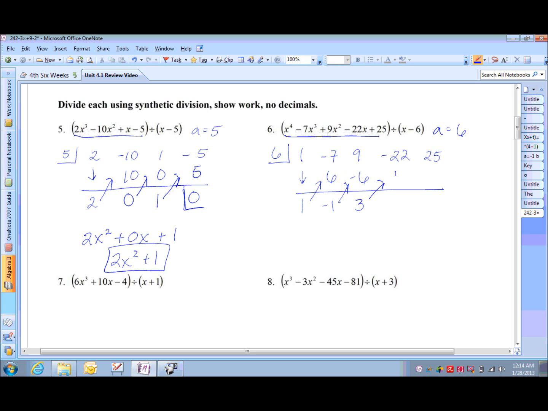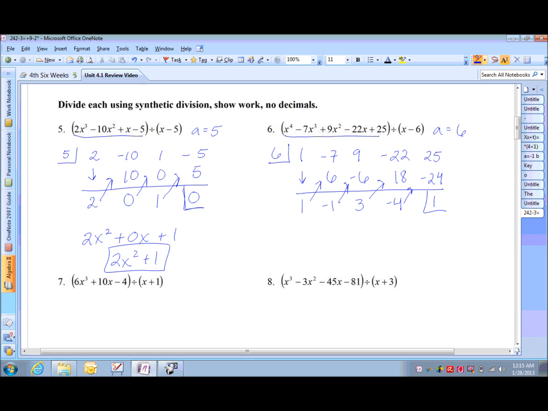6 times 3 is 18. Negative 22 plus 18 is negative 4. 6 times negative 4 is negative 24. And 25 minus 24 is 1. And remember, we take the last number and we put it over what's being divided, our divisor.